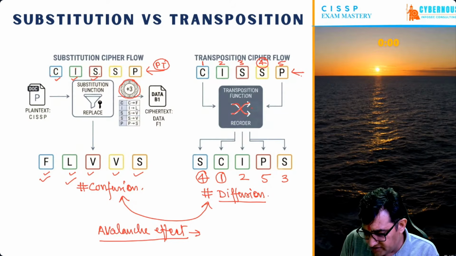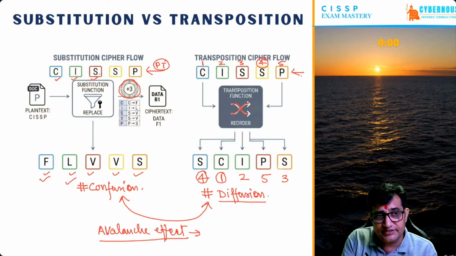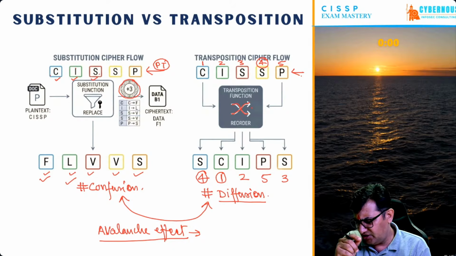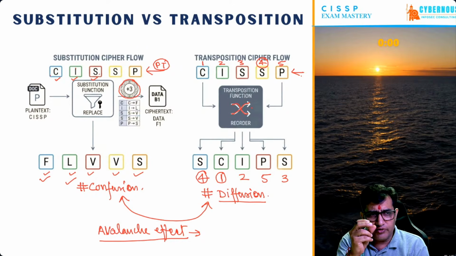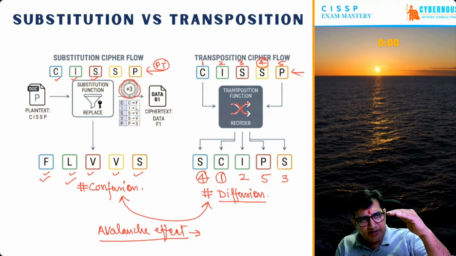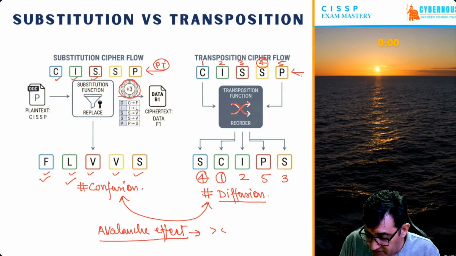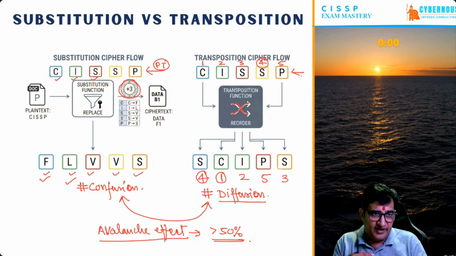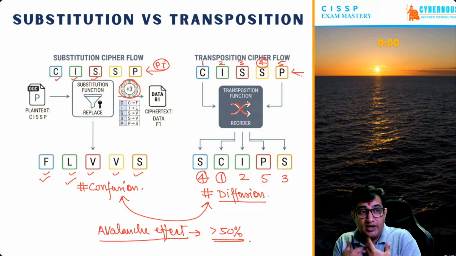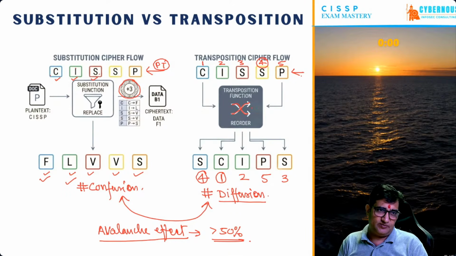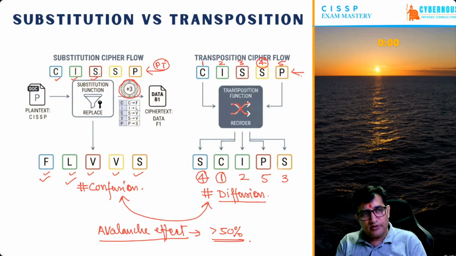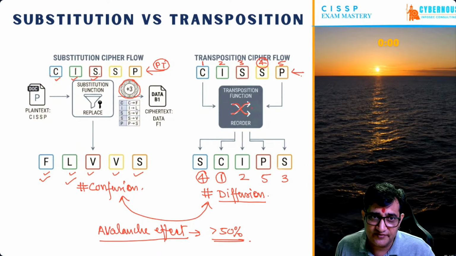Even if there is a small change in the plain text, let's say you add a small dot, or a white space, or change a small letter to uppercase, then the output should change by at least 50%. And that is exactly what is called the avalanche effect. This brings more unpredictability into the entire scheme of things. So I hope you get a good idea of what the substitution cipher and the transposition cipher are.